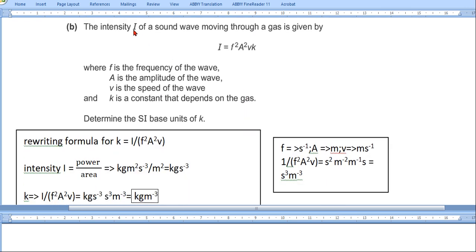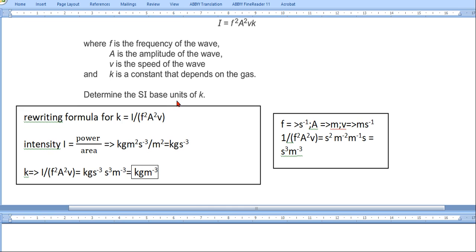Intensity I of a sound wave moving through a gas is given by this formula, where f is frequency of the wave, A is amplitude of the wave, v is the speed of the wave, and k is a constant that depends on the gas. Determine the SI base unit of k. So we rewrite the formula for k.